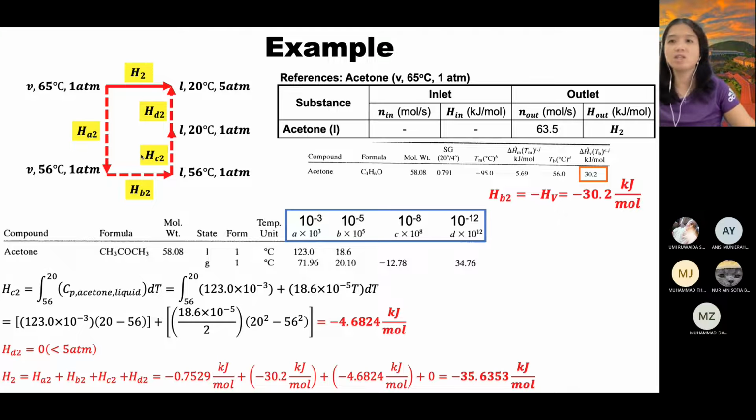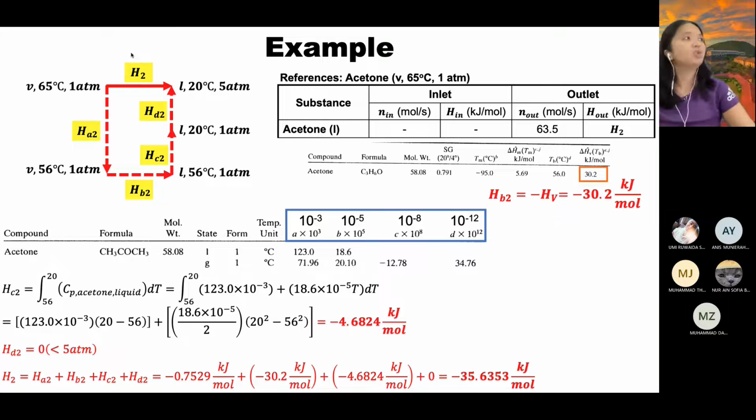So I calculate HC2 because of change of temperature, guna table B2 again. The last one is for change of pressure. I have to increase my pressure to 5 atm, my final pressure that I want. So HD2, because the change of pressure is less than 5 atm, HD2 is 0.